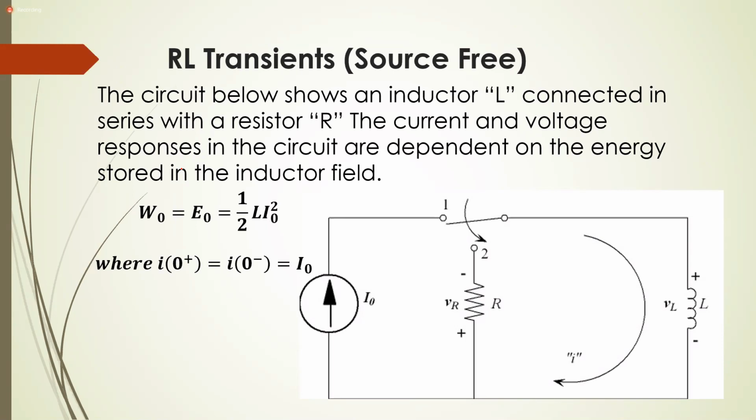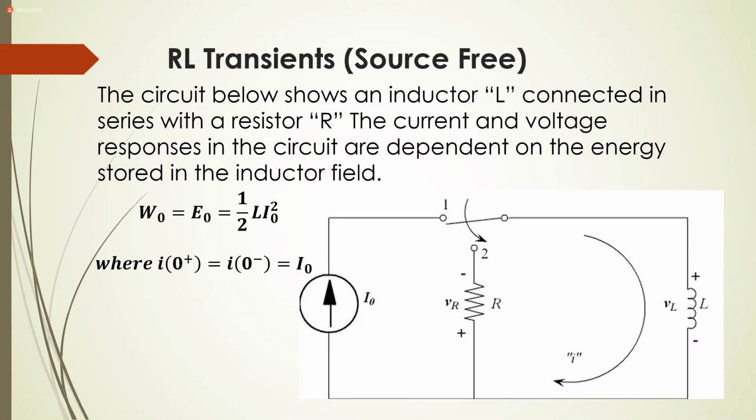You wouldn't immediately see I0 through the inductor, because initially the inductor would try to oppose the change. If we apply a source to an inductor, it would have an EMF equal and opposite to that change. And we get that from Lenz's law, right?